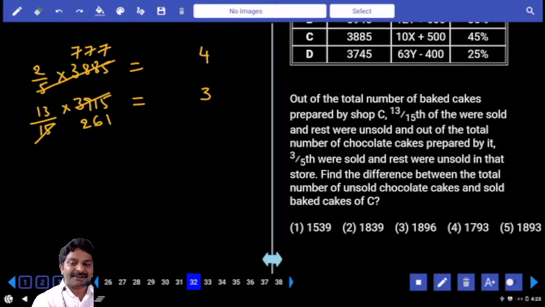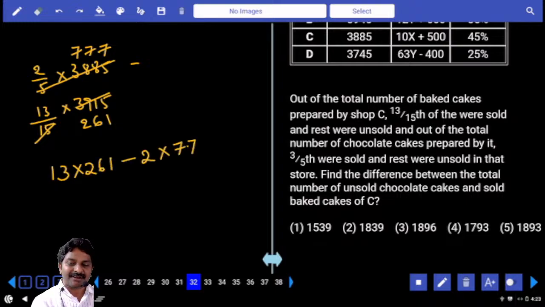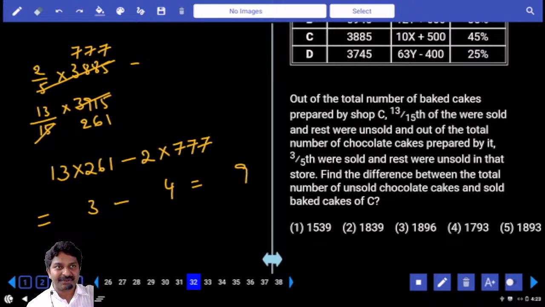So when it is a difference, it will be 3 minus 4 only. So 13 into 261 minus 2 into 777. This is what your difference is going to be. This ends with 3. The other ends with 4. Answer ends with?